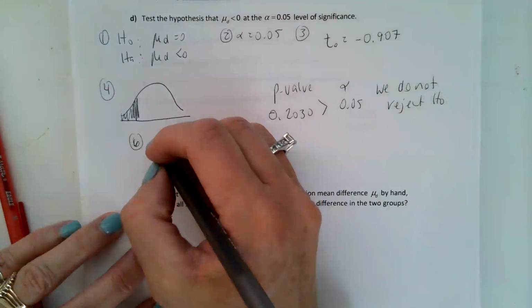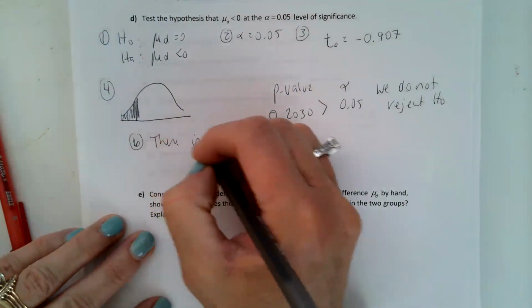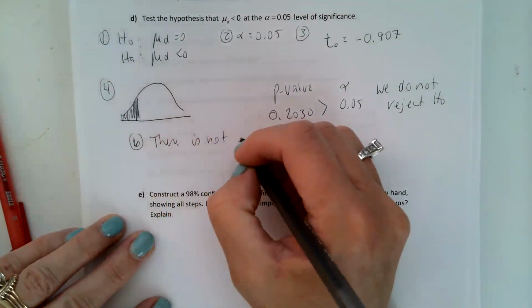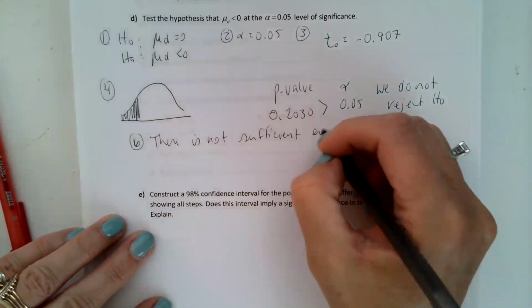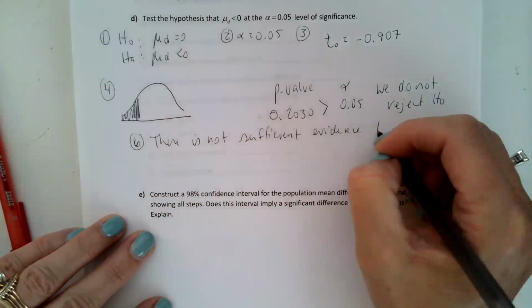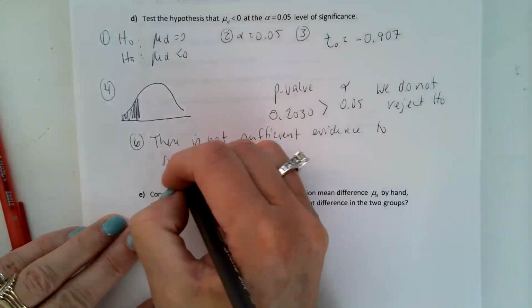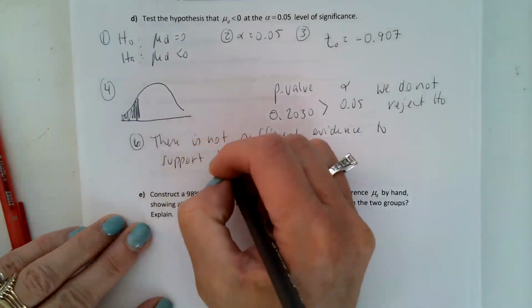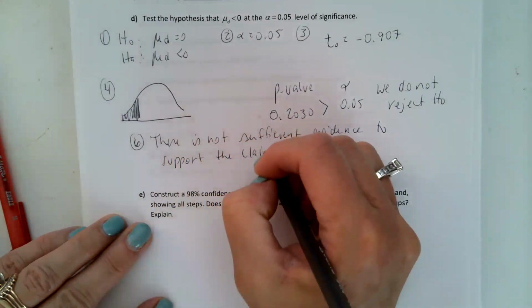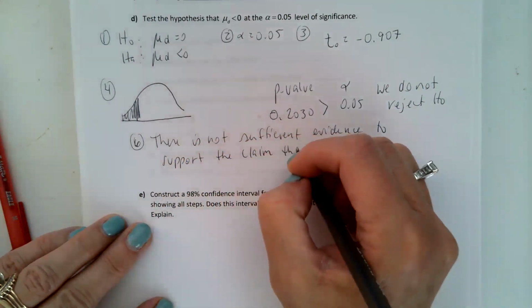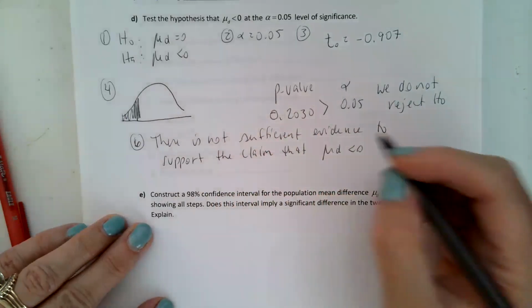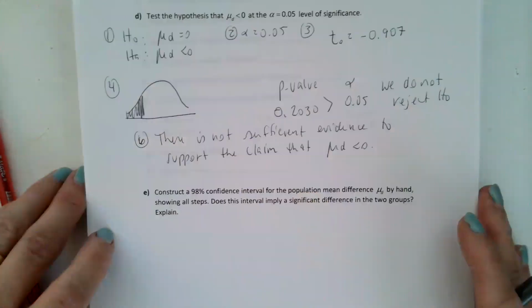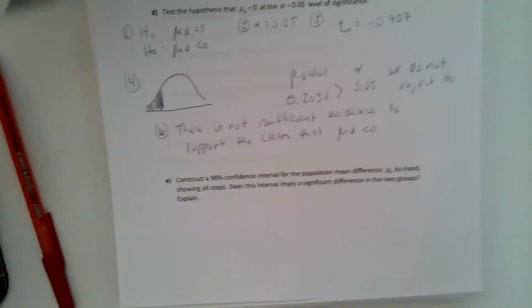Okay, and so there is not sufficient evidence to support the claim that the mean differences are less than 0. There's no point in further conclusion on this one.